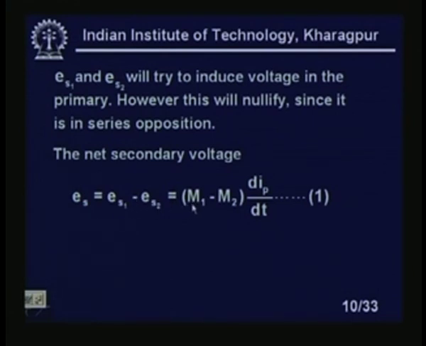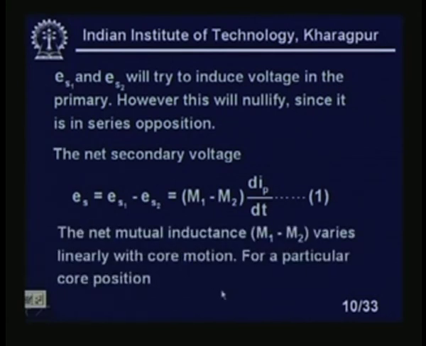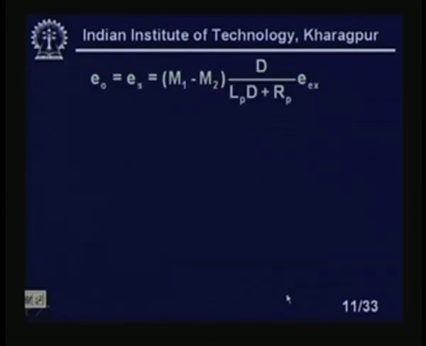This will be equal to, if you look at the expressions which you have seen, M1 minus M2 dIp by dt, because ES1 equal to M1 into dIp by dt and ES2 equal to M2 into dIp by dt. The net mutual inductance M1 minus M2 varies linearly with the core motion. For a particular core position, E naught equal to ES equal to M1 minus M2 D operator, over LP D plus RP, times EX, the excitation voltage.